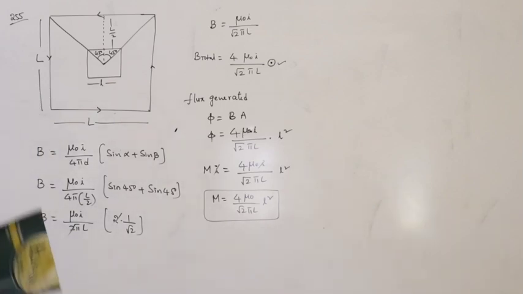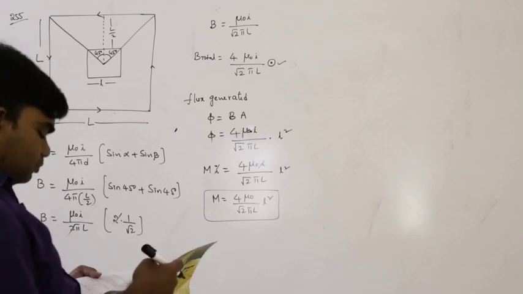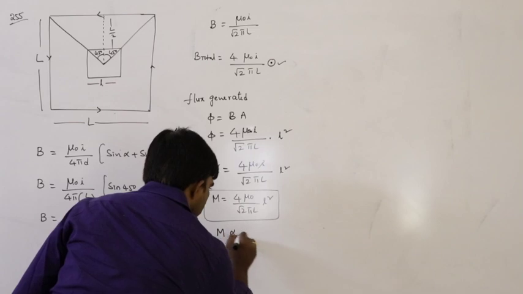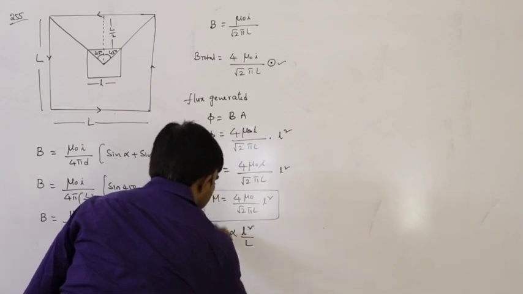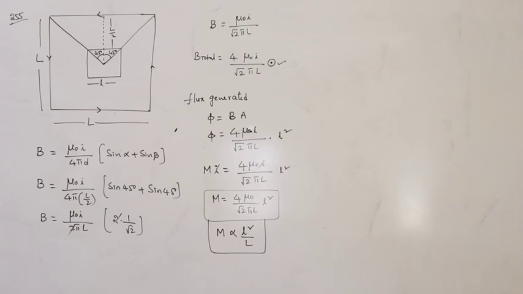So that is the mutual inductance. From this we can write M proportional to small L square by L.